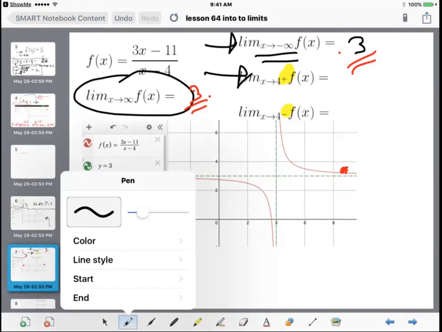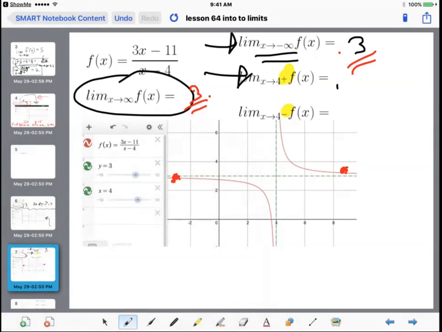So yes, the answer for this question is infinity, because as I'm on the right-hand side, it goes up as high as possible as it gets close. But for this other question, what's the answer over here?